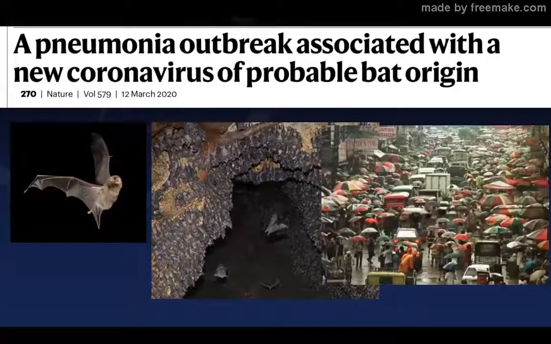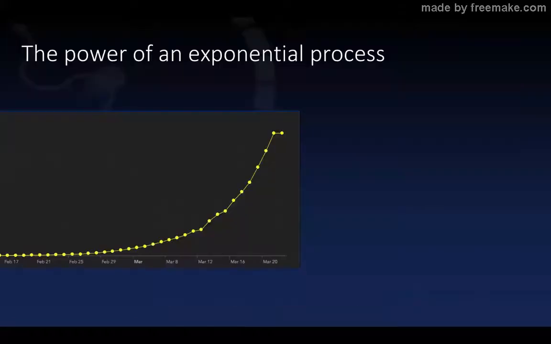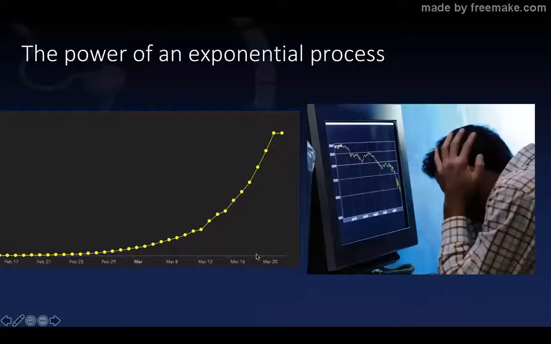As this makes its way into the human population, we all know it's spreading quickly. So I think we're looking at the power of an exponential process here. By our social distance measures, we're trying to stop the curve as early in the logarithmic rise as possible. And of course, we've all experienced the impact to our lives and to the world's economy.